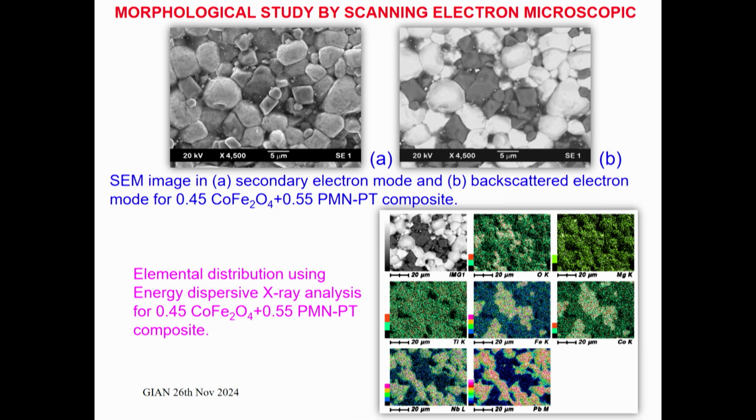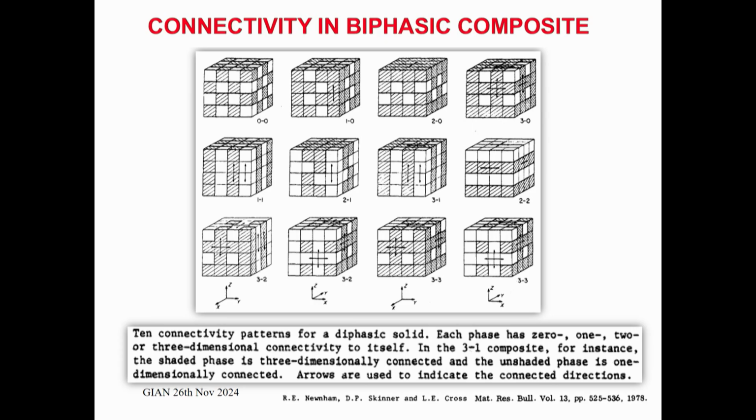And if I consider iron, this is iron. Now, you can see the black grains belong to iron and the white grains belong to lead. Now, it is further interesting to understand in what way they are distributed. Here the aspect of connectivity comes into the picture.